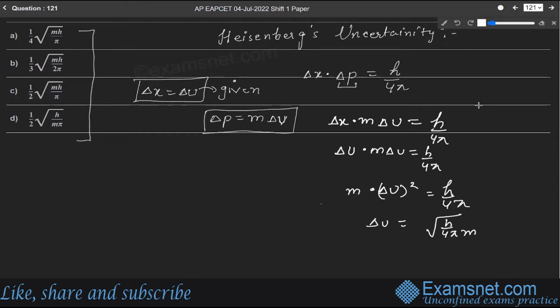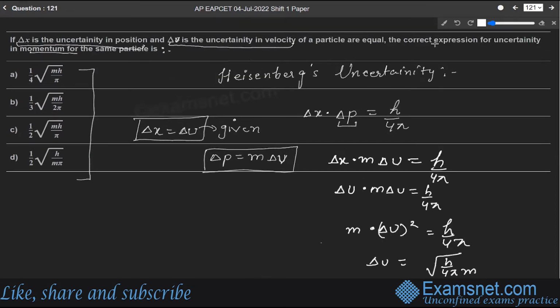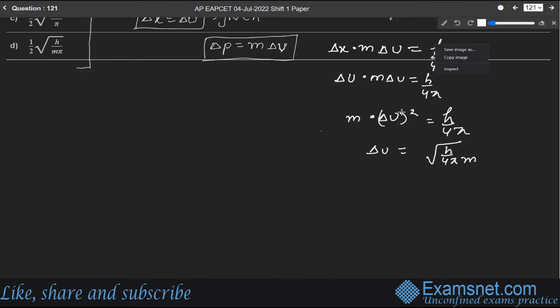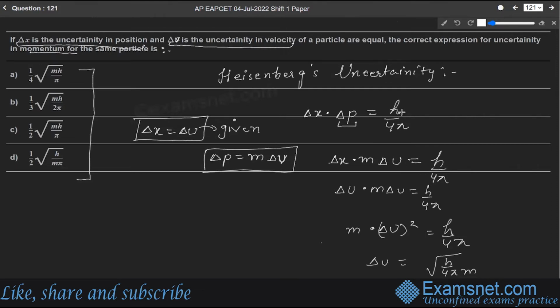And if that is the answer coming to us for delta u, now let's go back to the question. They're asking us change in momentum, right? So you'll be multiplying an extra mass to it. Multiply m on both sides to get momentum, because momentum is the product of mass and velocity.